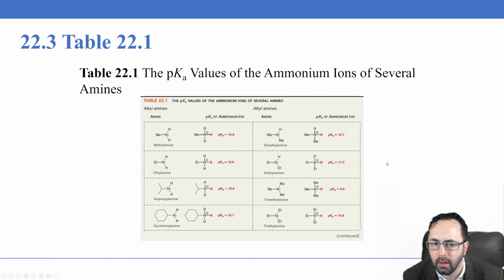Now here's a variety of pKa values for a number of various ammonium ions, protonated amines. So here we have the pKa of a protonated methylamine at about 10.6. You can see all these protonated amines have a pKa that's somewhere around 10 to 11.